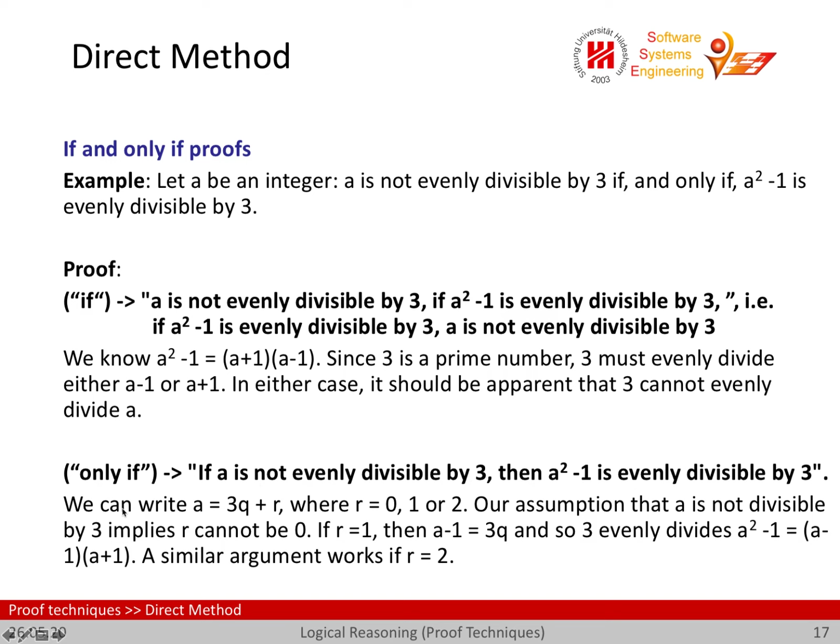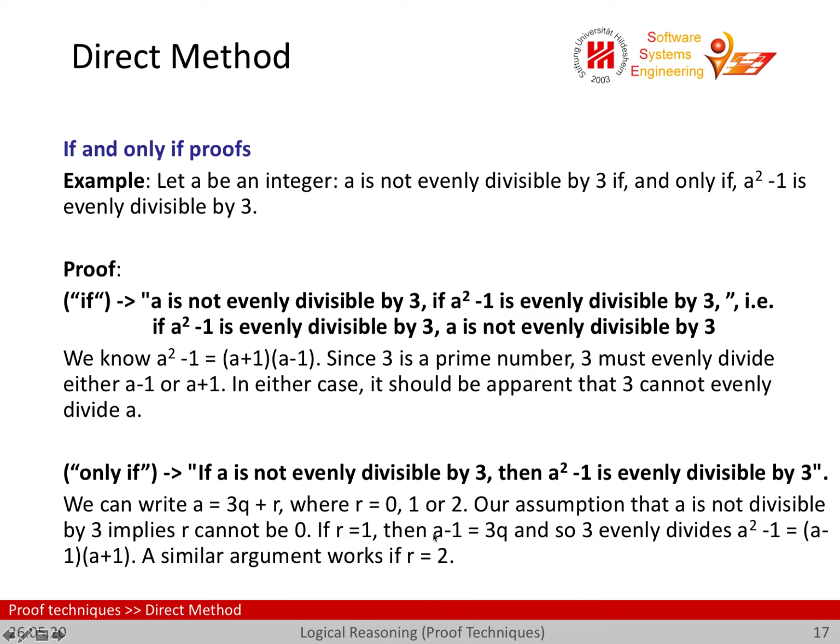So if A is not evenly divisible by 3, we can write it still in the form A is 3 times q plus r. That actually holds for any kind of number with r is 0, 1, or 2. But because we said A is not divisible by 3, we can actually rule out that r equals 0. So we only have the two cases, r equals 1 or r equals 2.